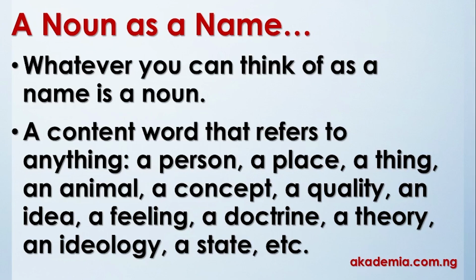A noun can take the shape of anything. So any content word you see there that refers to a person, place, thing, animal, concept, quality, idea, feeling, doctrine, theory, ideology, or state is a noun.